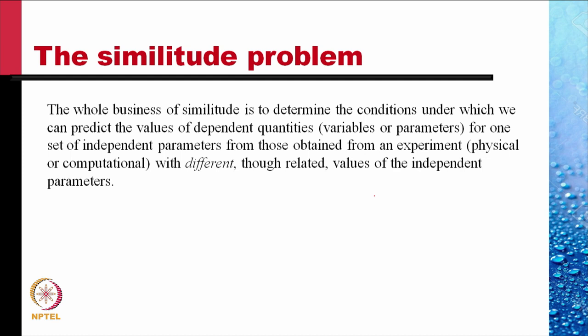Now, what is a similitude problem? That is what this course is all about. The whole business of similitude is to determine the conditions under which we can predict the values of dependent variables or parameters for one set of uniquity parameters from those obtained from an experiment, physical or computational, with different though related values of the independent parameters.